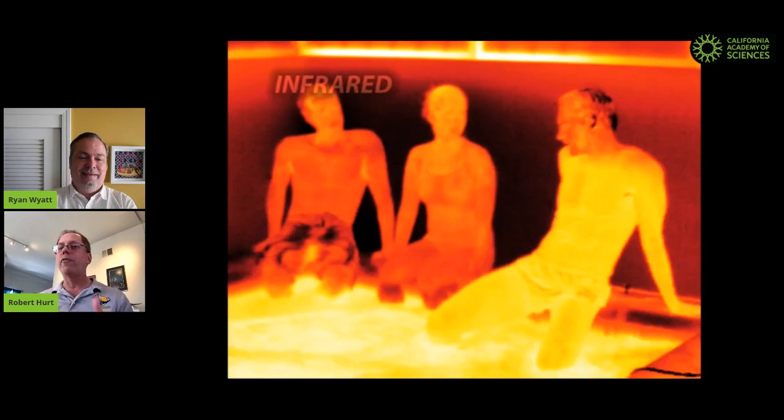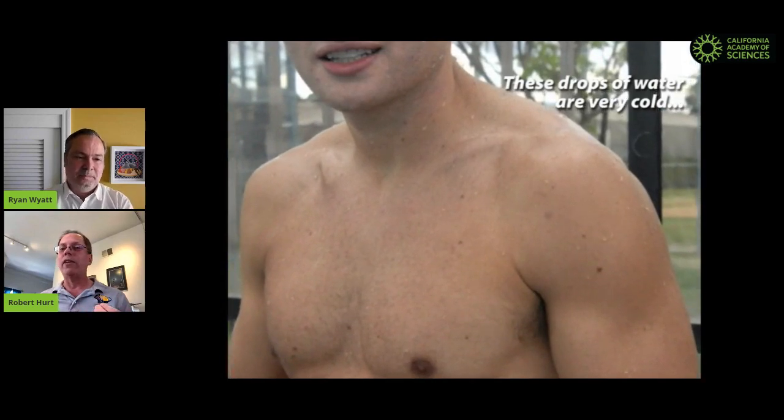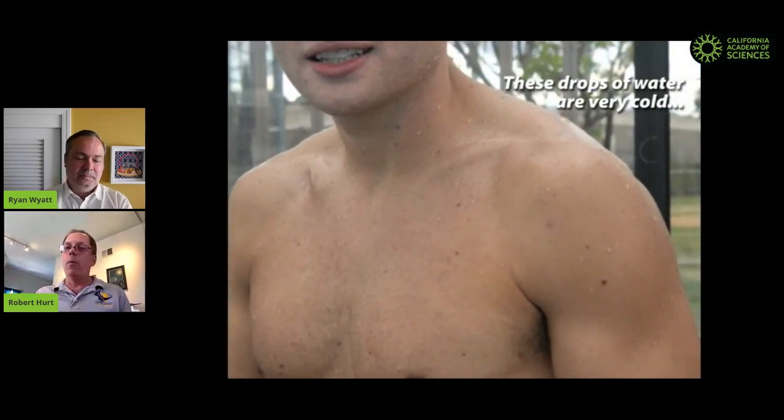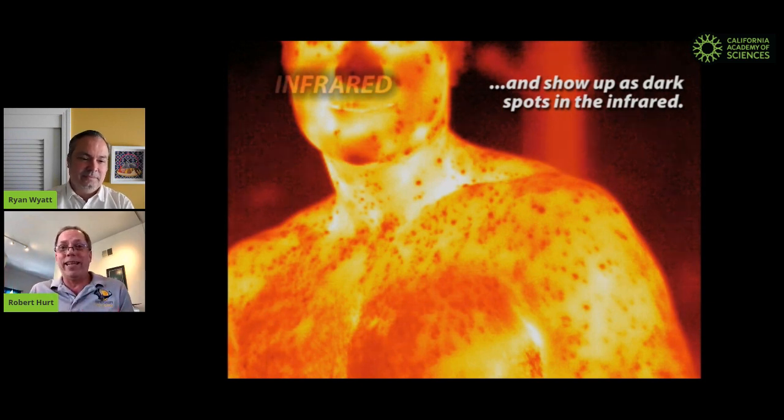And you see, when people first get out of the hot tub, their skin is glowing hot. So if we had that ability to look in the infrared, we would see this. Now, another cool thing is, like, a normal person just got out of the water, but just those little droplets of water cool his skin in a way that, if someone looked like that in visible light, we'd say, get to the doctor, man, there's something wrong with you. But something just as simple as a splash of water in the infrared takes on this incredible, creepy appearance.